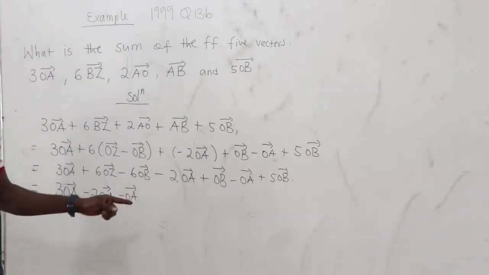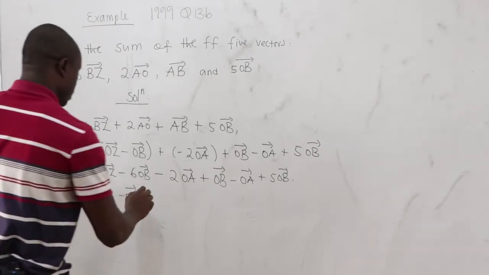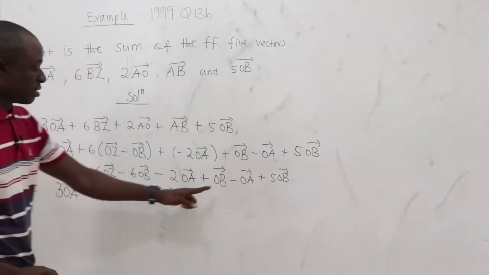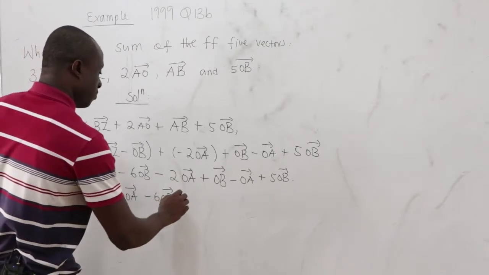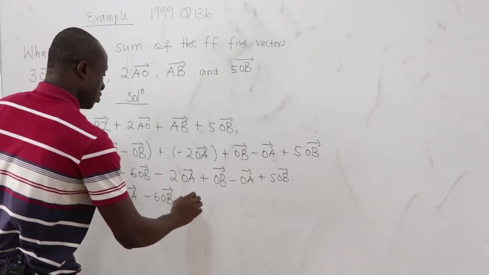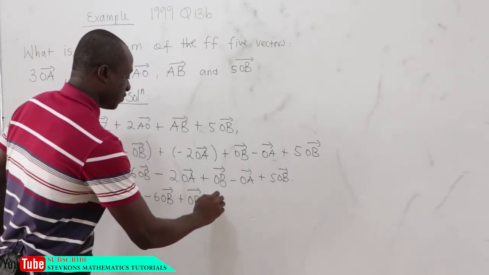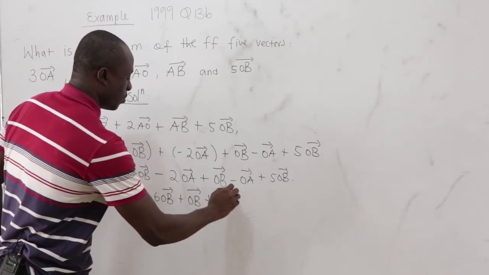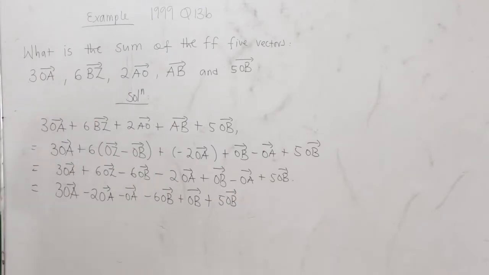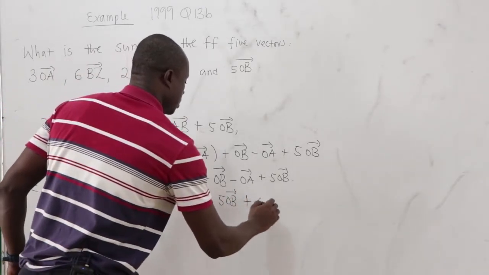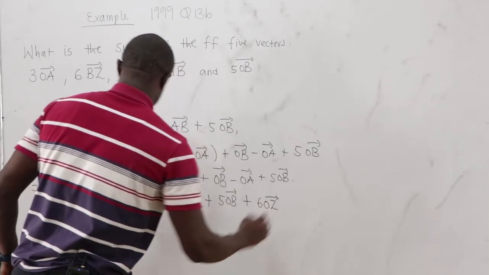Now let's bring the B. So we have negative 6OB, and then we have plus OB here, and then we also have plus 5OB, and then the last one we have plus 6OZ.